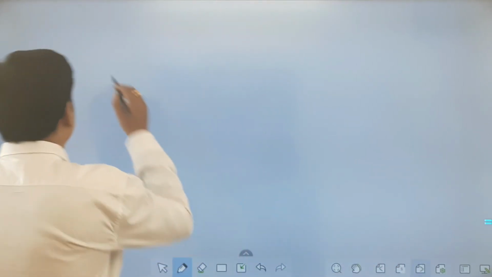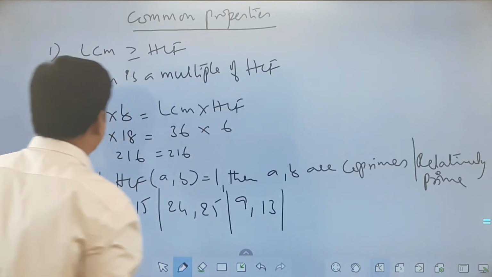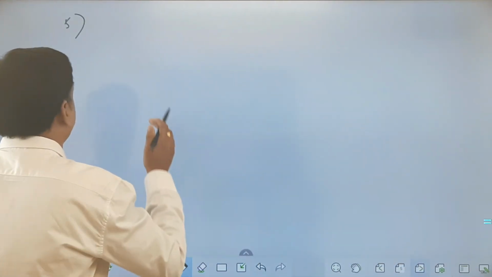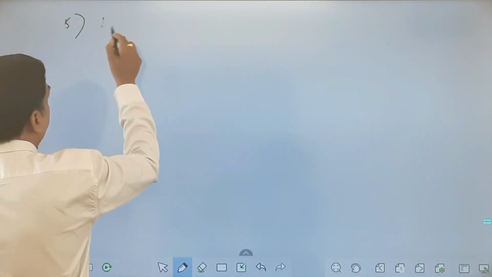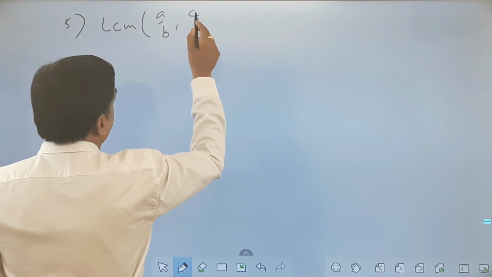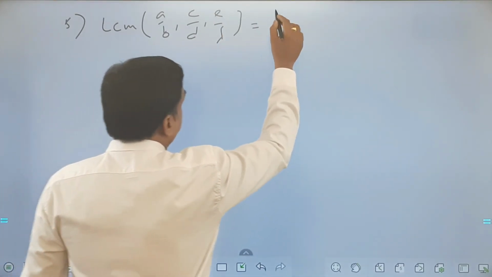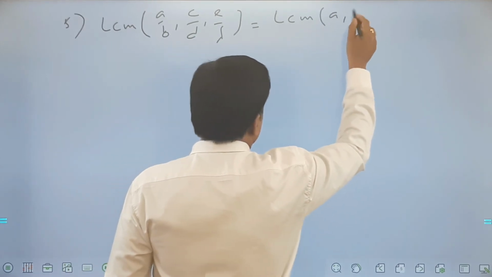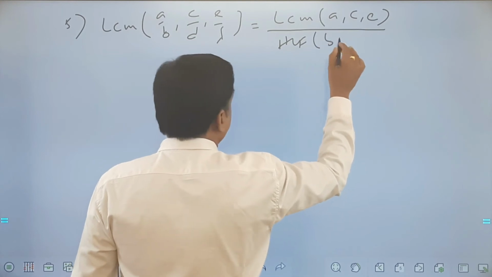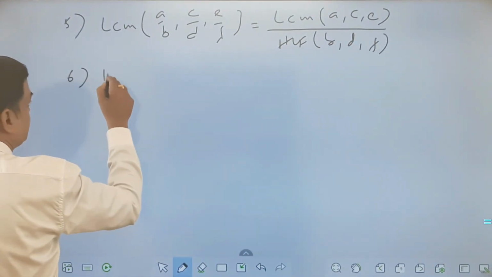Next, important point number 5. LCM, see what are the points we said here? LCM is a multiple of HCF and greater than. Next point, if you are trying to find LCM of fractions A by B, C by D and E by F, the method would be: find LCM of A, C, E by HCF of B, D and F. Sixth one.